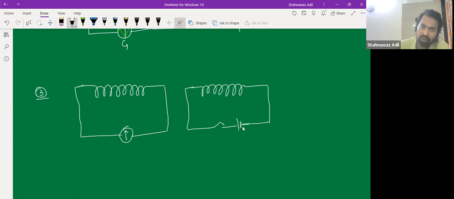So what we do is that as soon as we connect this switch, momentarily the current will start increasing, right?